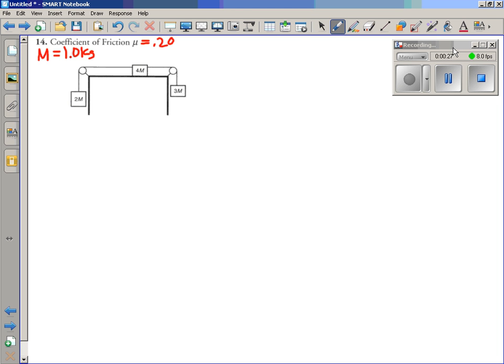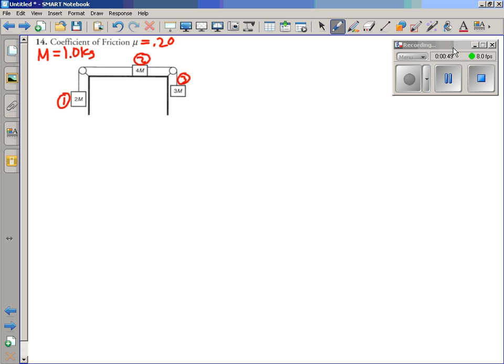And so we have three objects here connected by strings, frictionless pulleys, massless strings. And I'm going to call this object 1, this object 2, and this object 3. And so first step, always with drawing these, is to draw a free body diagram for each.